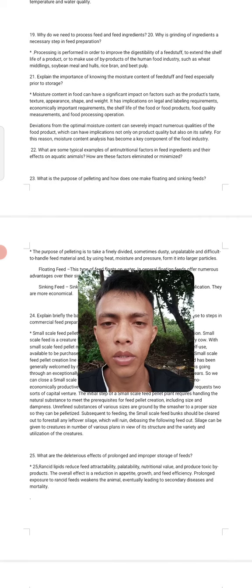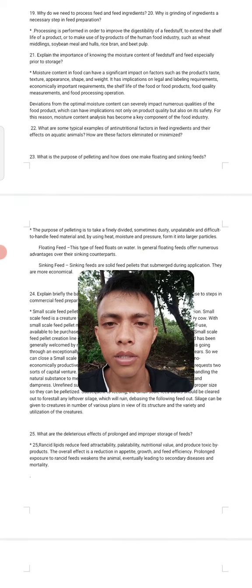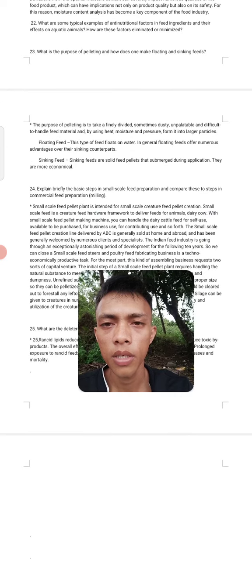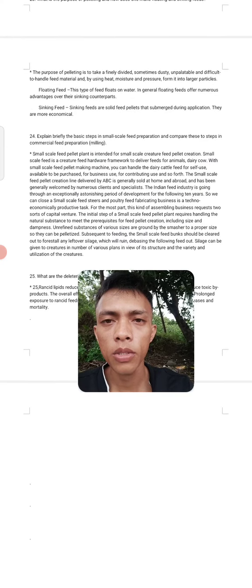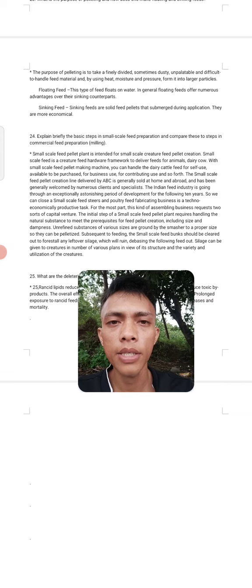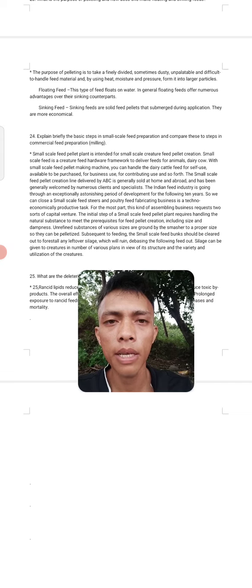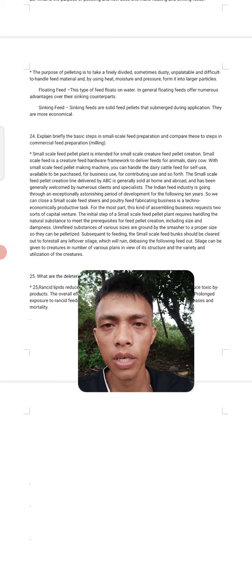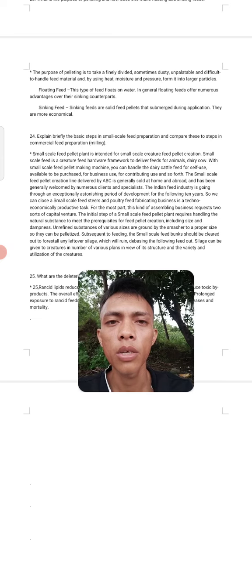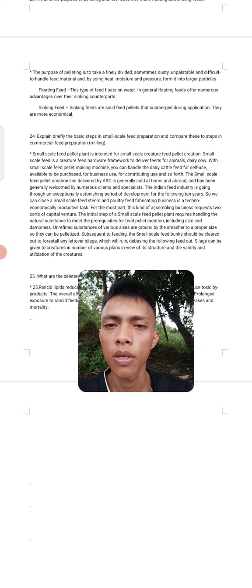What is the purpose of pelleting, and how does one make floating and sinking feeds? The purpose of pelleting is to take finely divided, sometimes dusty, unpalatable, and difficult to handle feed materials, and by using heat, moisture, and pressure form them into larger particles.